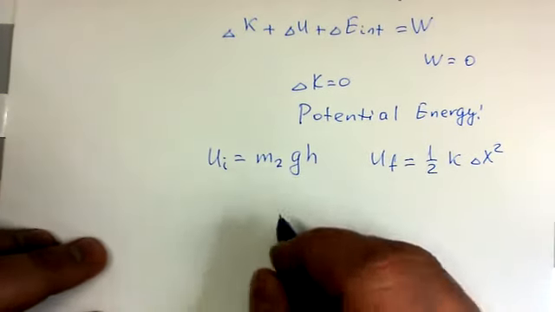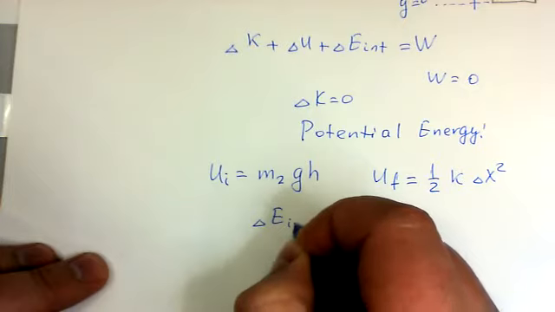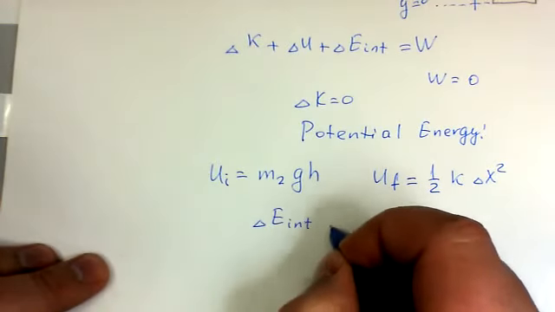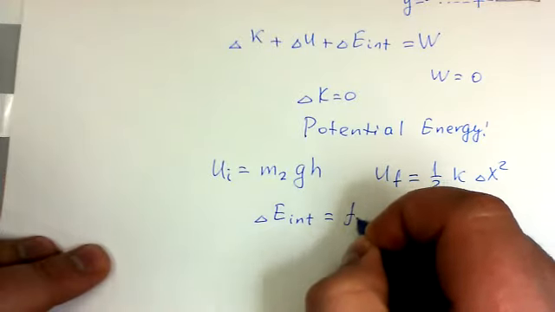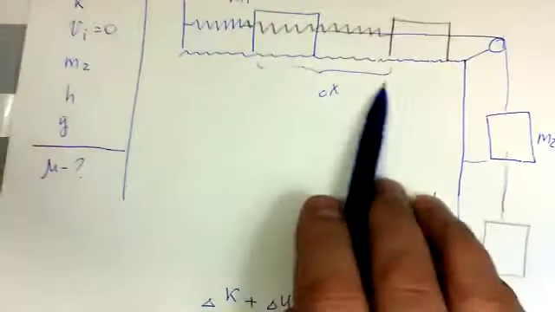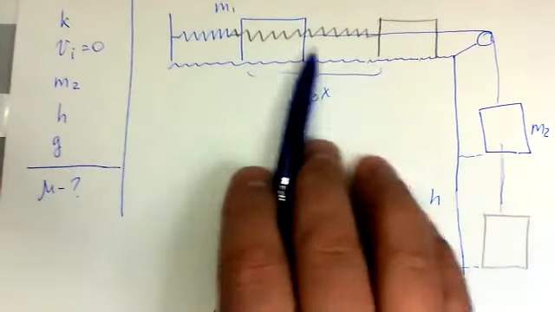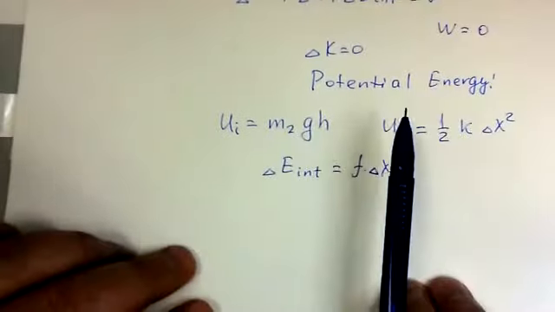Also, we have friction here, which means that we will lose some energy in the form of internal energy, and numerically delta E internal equals the friction force times the displacement, and the displacement is delta x. So it's the same as for the spring. Okay.